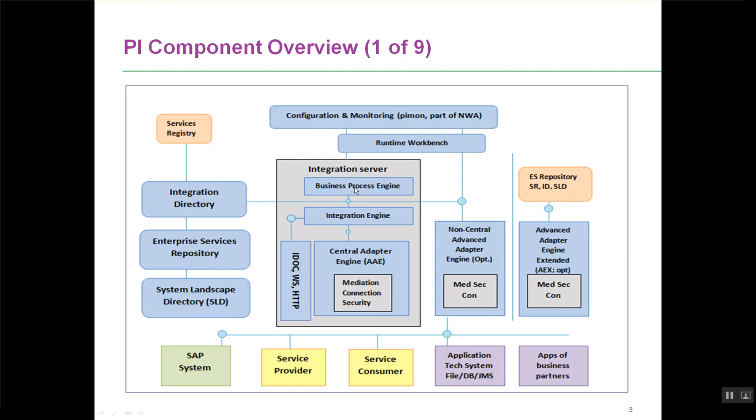And you have a specific component called the business process engine that is used for what we call CCBPM. At this point, it is sufficient to know that the business process engine is used just for CCBPMs. I'm not going to go into these slides at this point. We will revisit them subsequently.